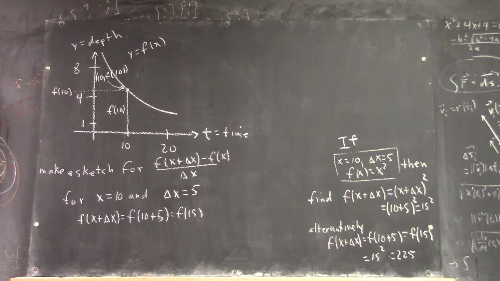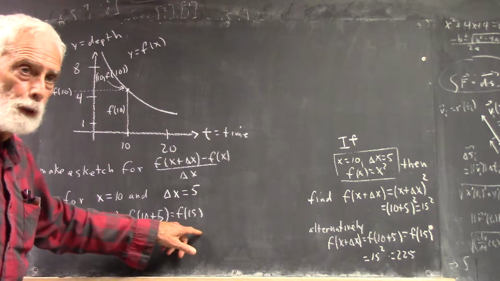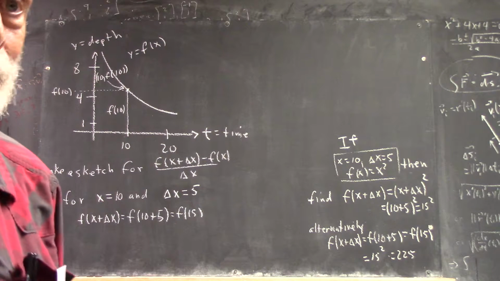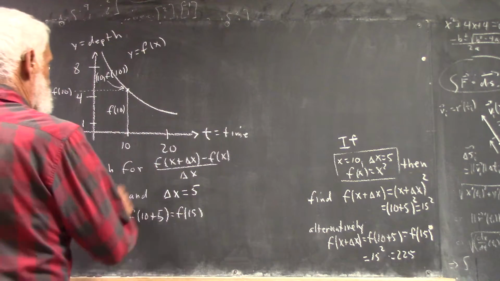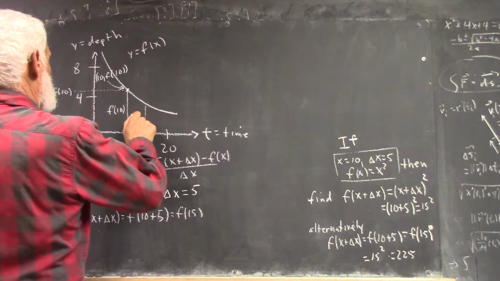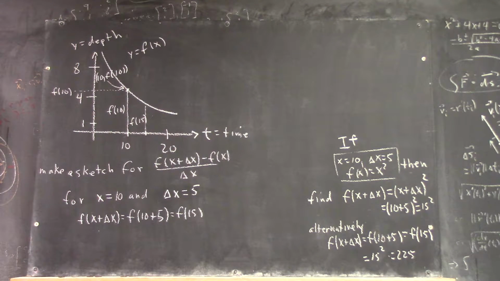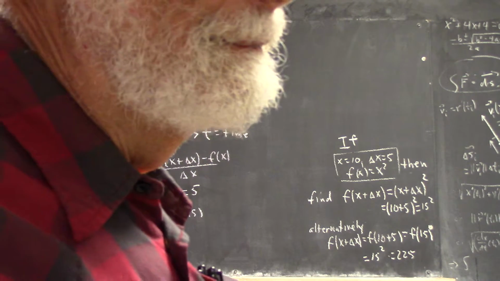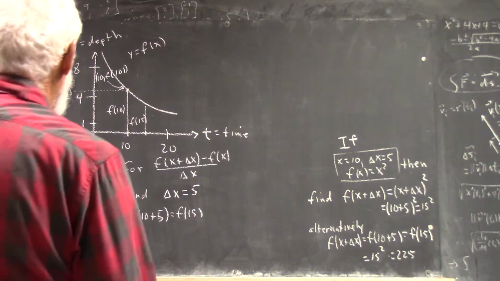Okay? So what we're looking for on this graph is something to represent f of 15. So we go to 15, we do this, and the length of this segment is f of 15. And we could make an estimate.